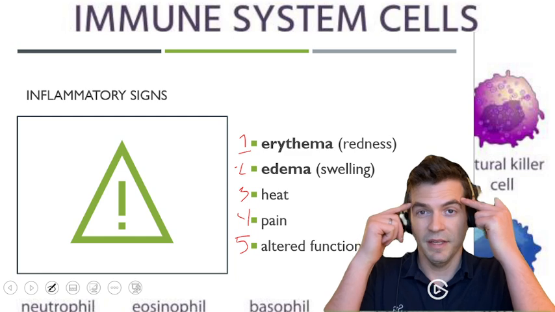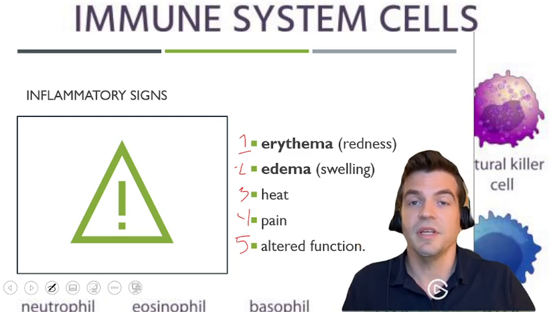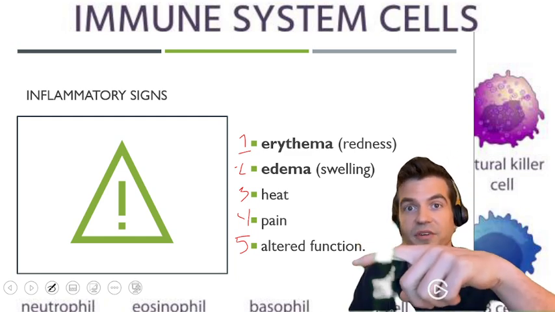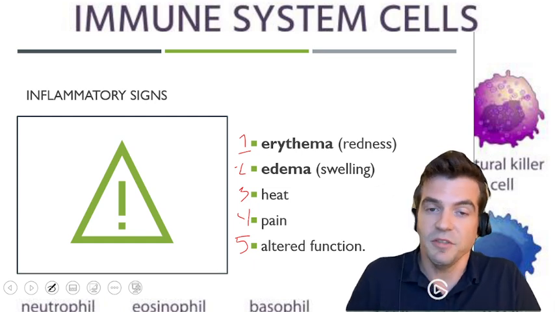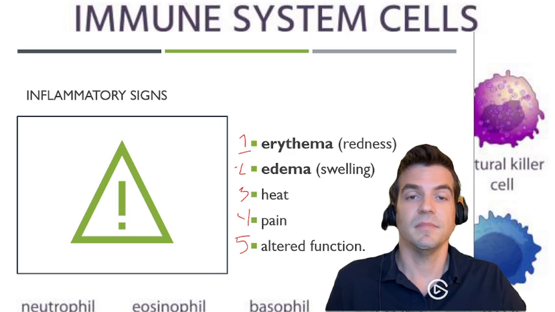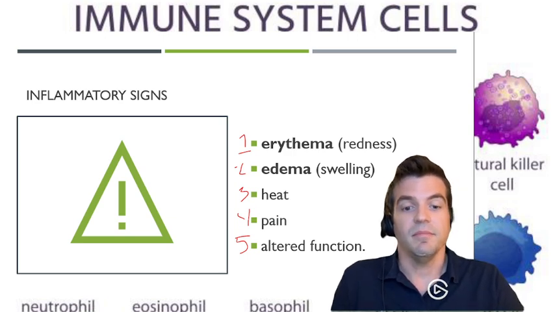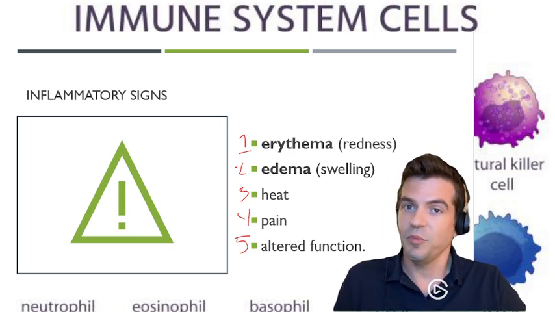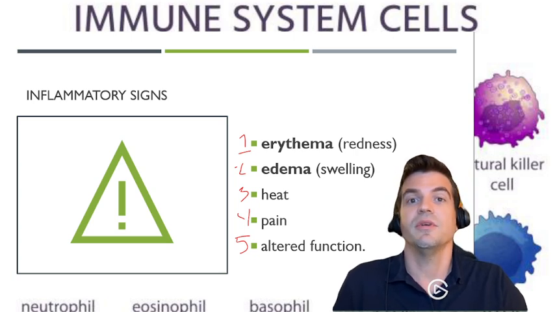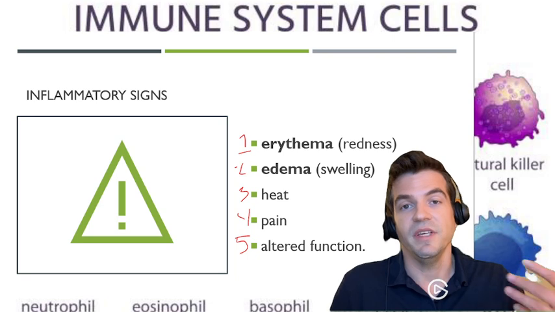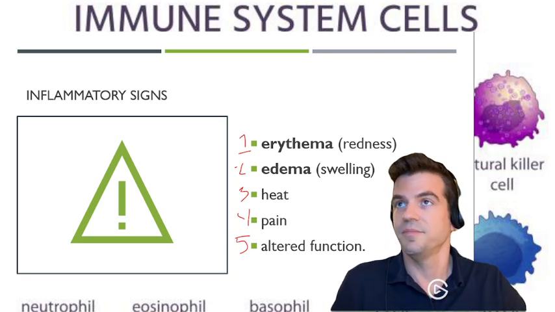Again, it's not cognitive altered function. It can be like, oh, I can't move my finger because it's so swollen, right? Oh, can't move my ankle because I sprained it so hard. So, right. And so in that sprained ankle example, there's no cut and there's no pathogen, but we've still kind of triggered some of these inflammatory responses. Okay.